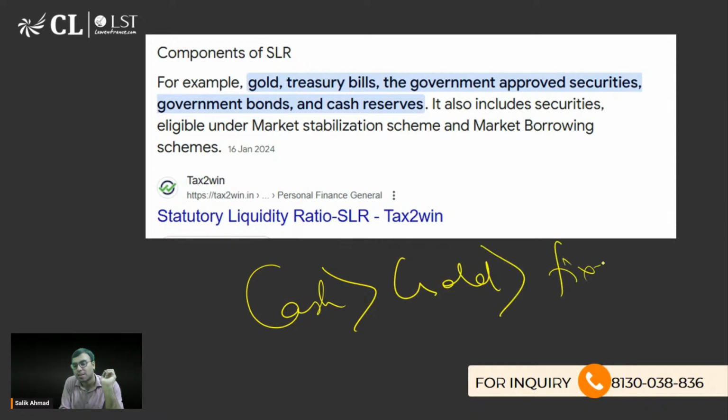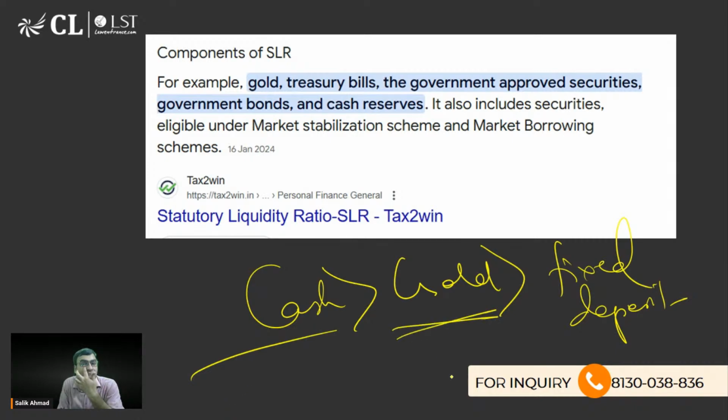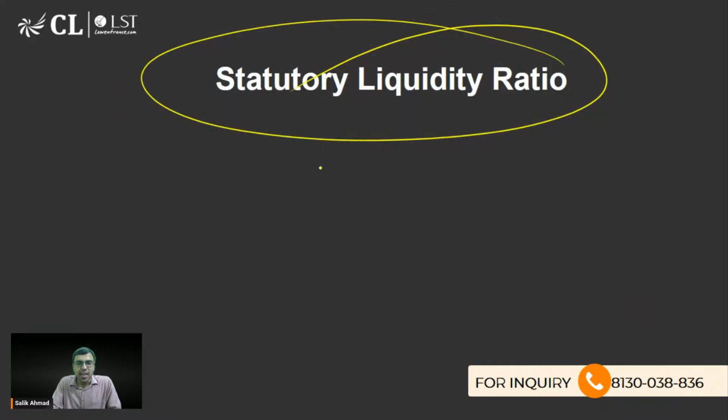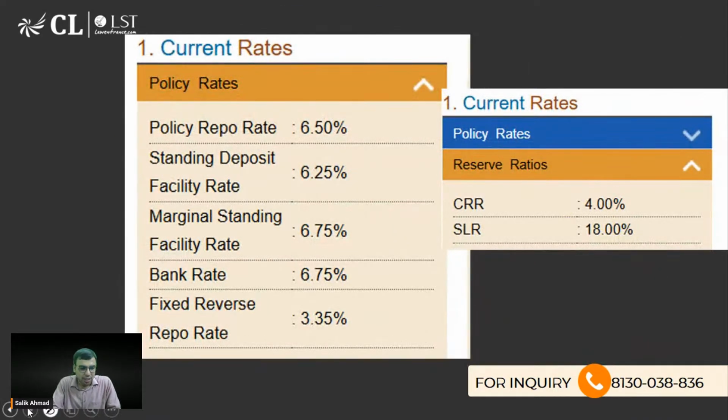Why? Because cash आपके हाथ में, फौरन खर्च कर लोगे. गोल्ड को आपको बेचना पड़ेगा, you have to go and sell in the market. Fixed deposit you have to break, because generally fixed deposit 5-10 years के लिए होता है. ठीक है, so liquidity का मतलब ये होता है. I hope you understand. Okay. Now you have to understand what statutory liquidity ratio and cash reserve ratio are, मैं बताता हूँ एकदम simple language में. देखो, currently the repo rate is 6.5%.